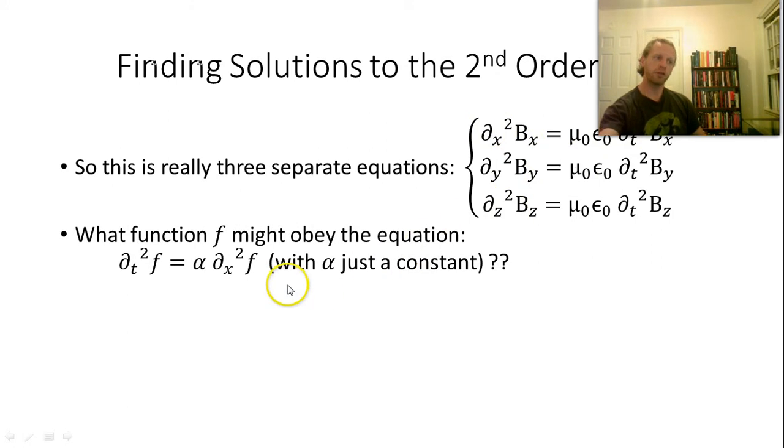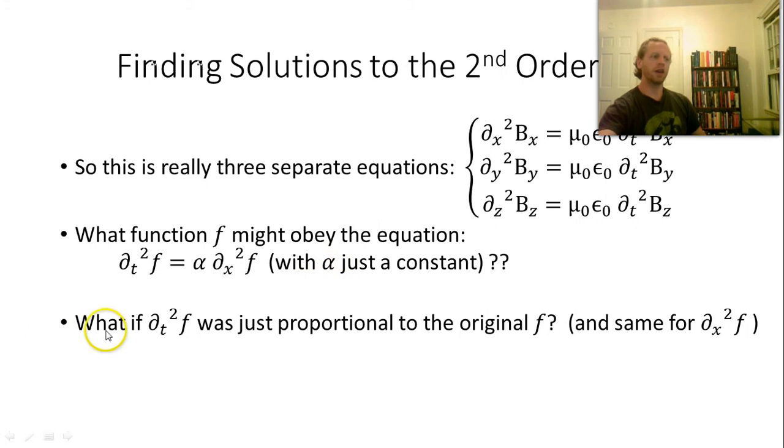So first of all, if we look at any of these, it looks like the second derivative of a generic function f is proportional to the second derivative in space of that same function, where I'm just generically writing alpha as any constant. So we're going to propose a possibility: what if the second derivative in time of that function f was actually just proportional to that same function itself?